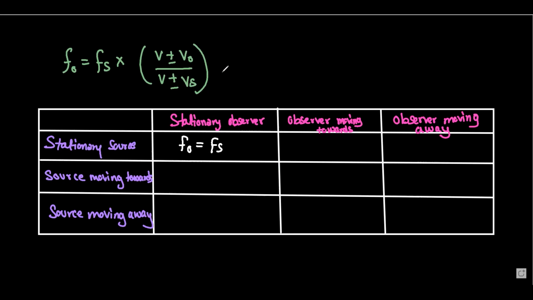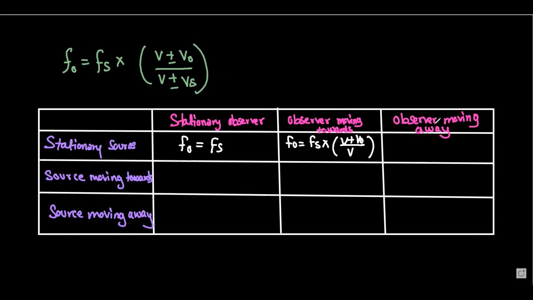And if the observer is moving towards the source, it's going to hear a very loud sound. So the frequency will increase. So remember, if the frequency has to increase, that means the numerator has to increase as well. In this case, we're going to use a plus sign. F naught is equal to Fs. The Fs is held constant in this process. Now, V plus V naught over V. Why not Vs? Because the source has been held stationary.